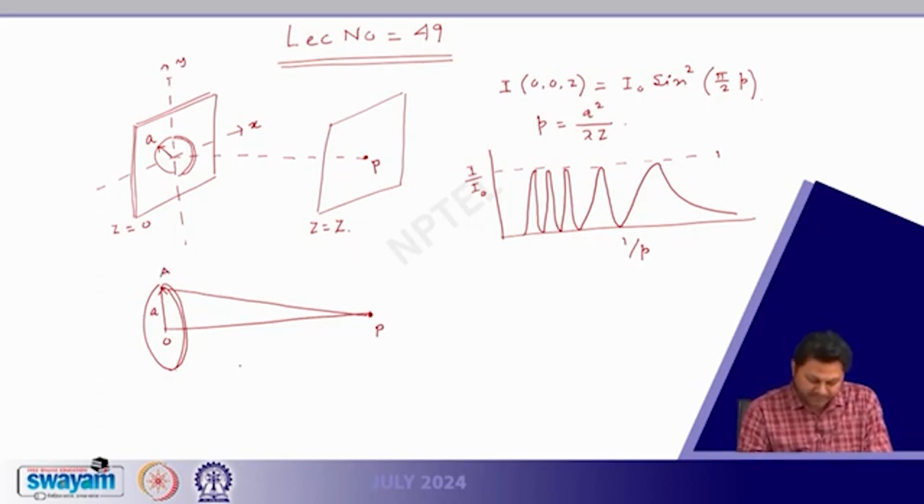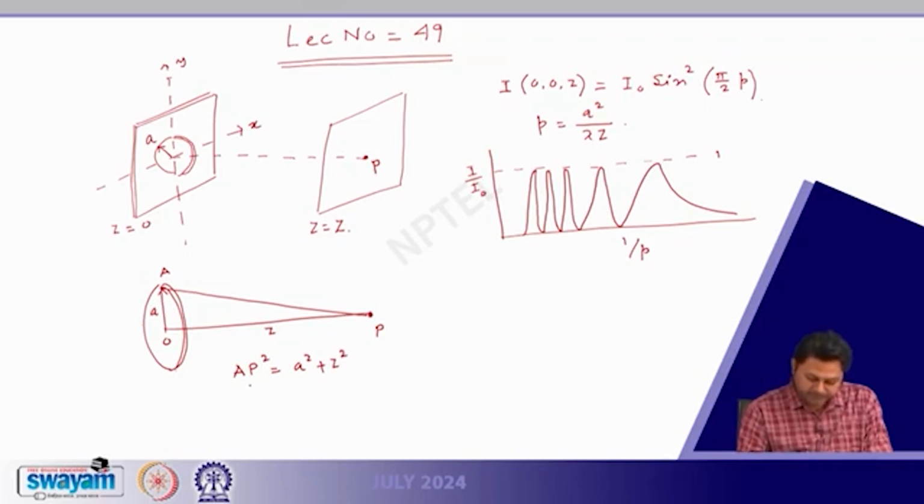Then we have a relation: AP square is equal to A square plus OP square, which is our Z, so essentially Z square.